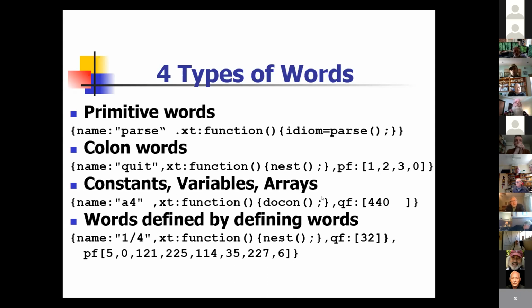Constants, variables, and arrays all have data in their qf field. And the words you define later by defining words will have all 4 fields: the name field, the code field, a qf for data, and a pf for the colon word token list.